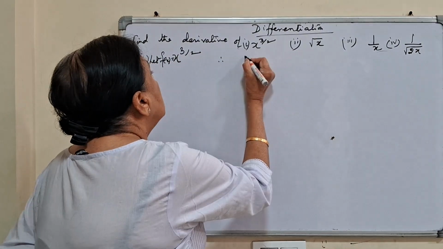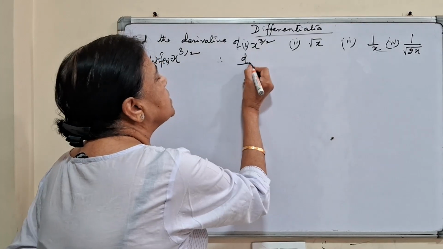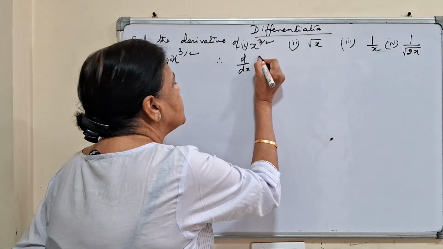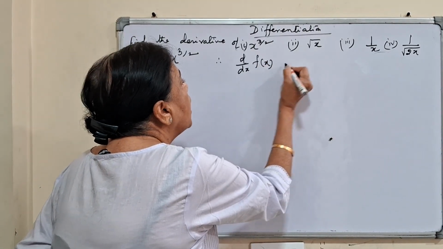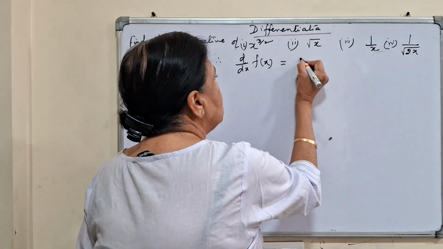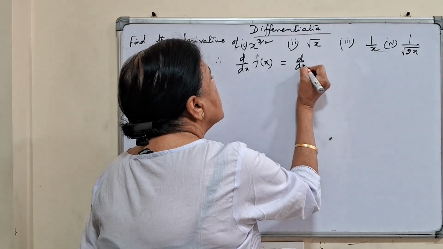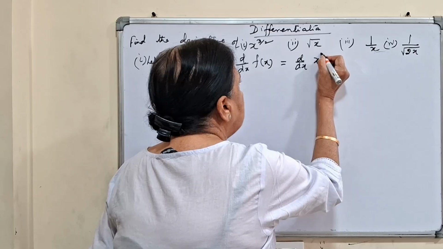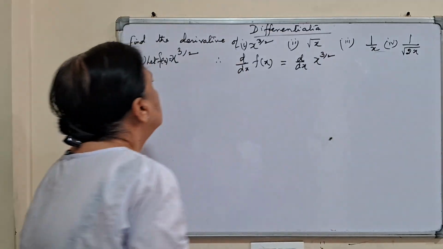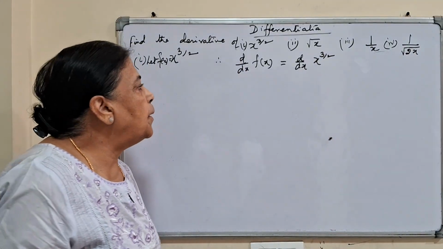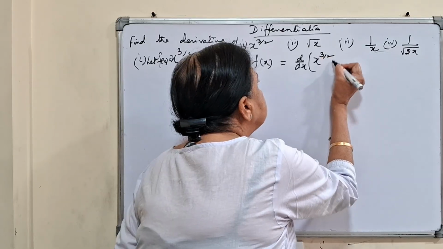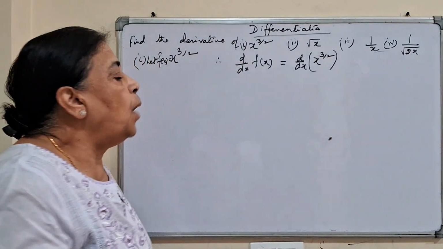Therefore, d/dx of f(x) will be d/dx of x^(3/2).